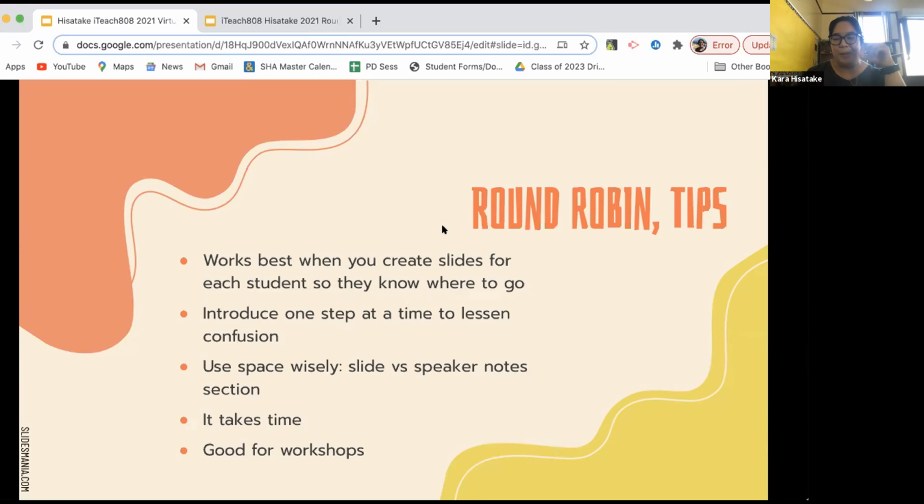So this could be a whole class session. It could be multiple class sessions. Just keep that in mind as you're preparing your lesson, for the kinds of questions you want to ask and how much time they'll have to read everything and write something. So I think it's really the best for workshops in all kinds of ways.